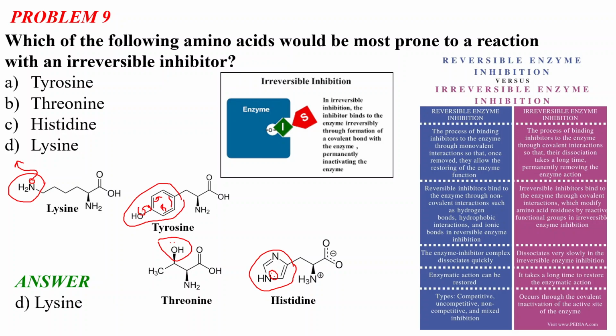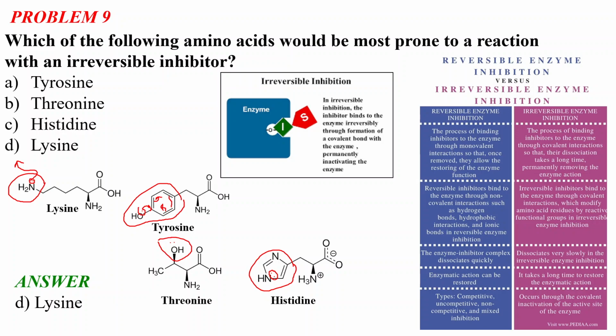Okay. In enzyme action, reversible inhibitors bind to the enzyme through non-covalent interactions such as hydrogen bonds, hydrophobic interaction, and ionic bonds. But irreversible inhibitors bind to the enzymes through covalent interaction, which modifies the amino acid residues by a reactive functional group in an inhibition mechanism. In the first case, the enzyme inhibitor complex dissociates very quickly, but in the irreversible case, the dissociation happens very slowly.